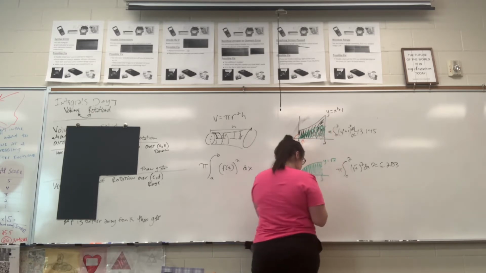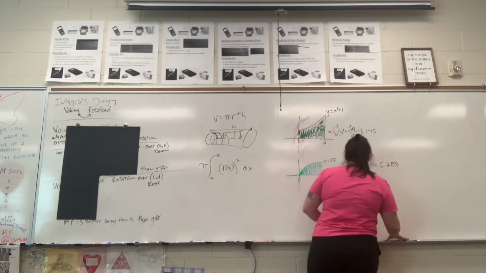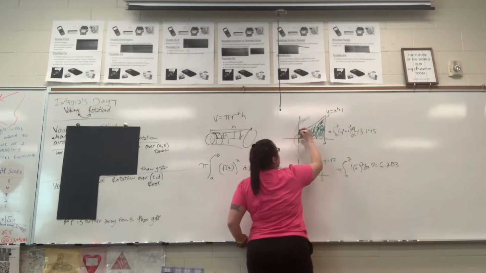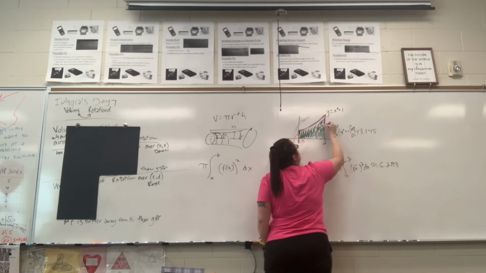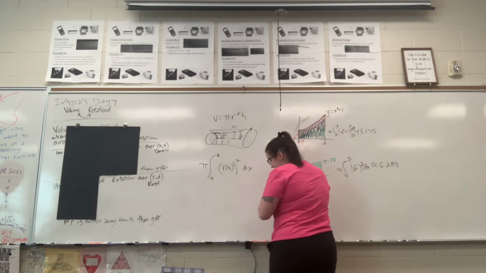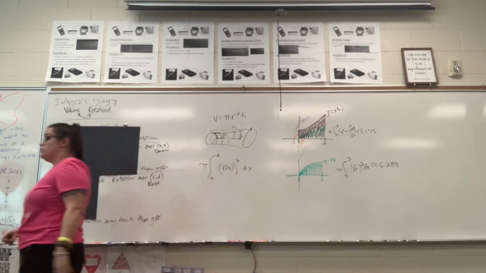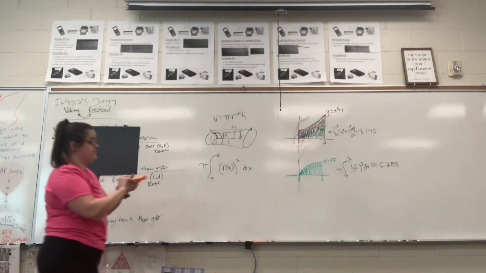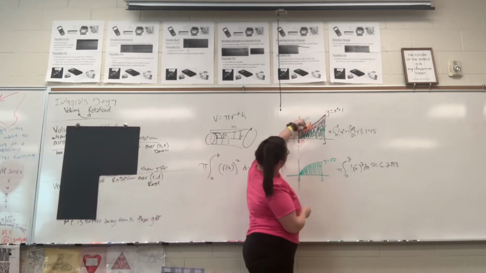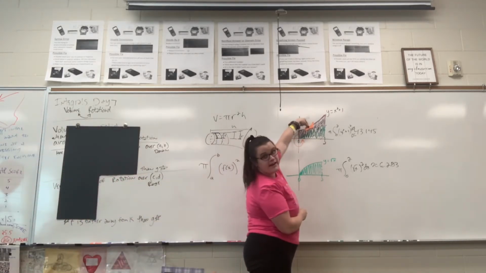Whoa. Okay? So hold on. What you see is I have this pink area here, right? And that is what I want to rotate around the x-axis. Okay, you see that? That's that, right?